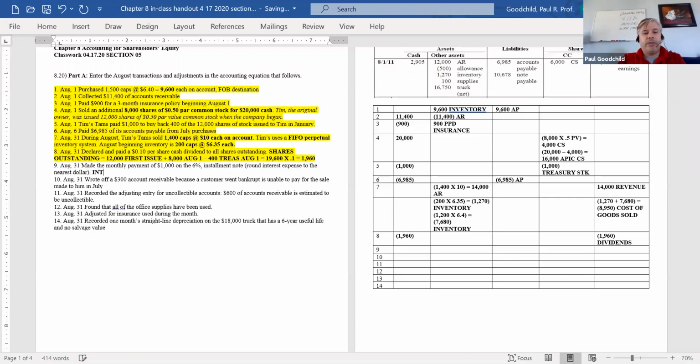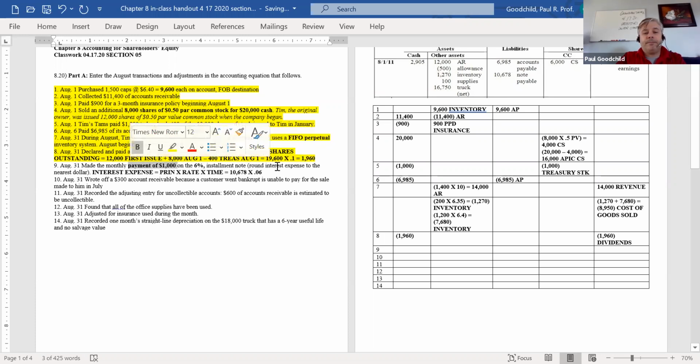So to calculate the interest expense, we're going to take principal times rate times time, which is principal from up here, our note payable balance, 10,678 times 0.06, the 6%. And this is for 1 month, so times 1/12.